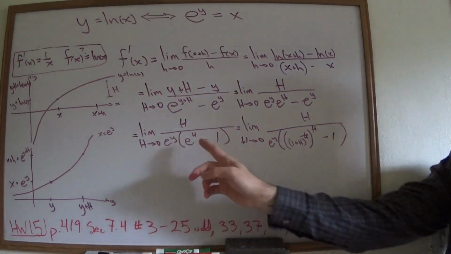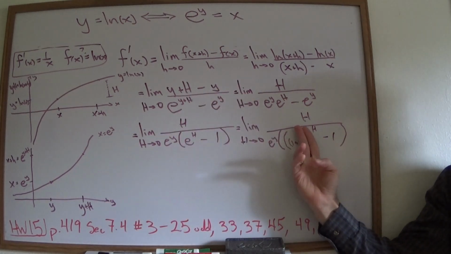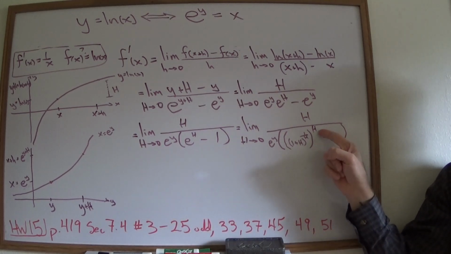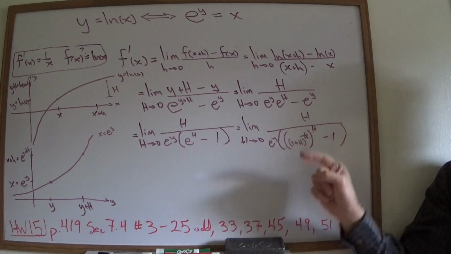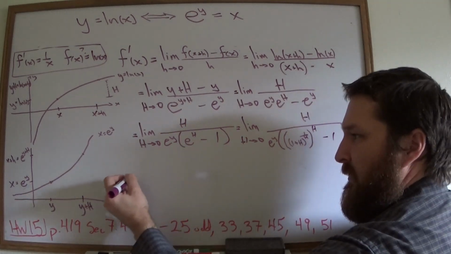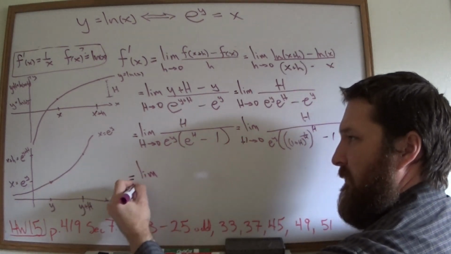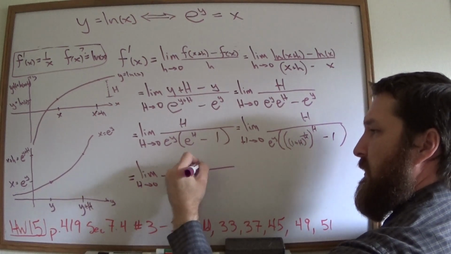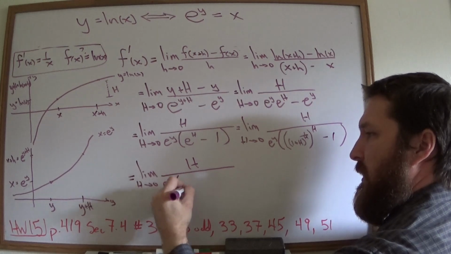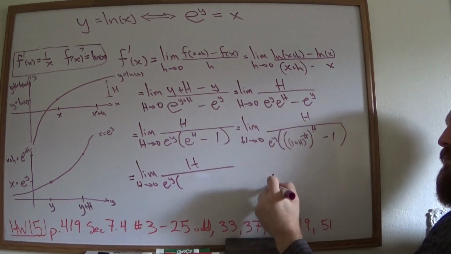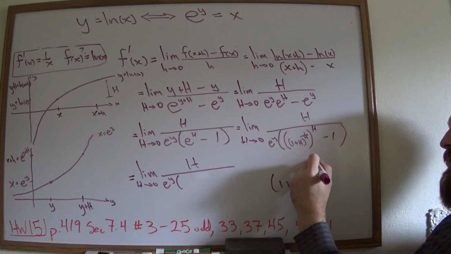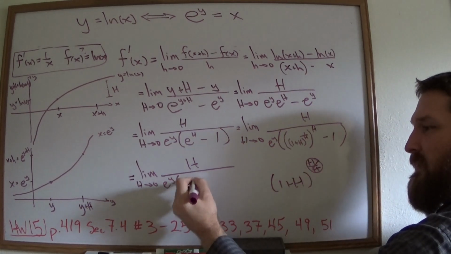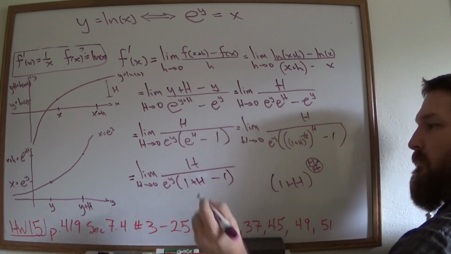So e to the h is the same thing as this thing to the h, which we saw last time, right? The h comes in, it cancels that h. This is the same thing. Limit as big H goes to 0 of big H e to the y. That works out to 1 plus big H, h over h, which is just 1, so that's just 1 plus h minus 1.